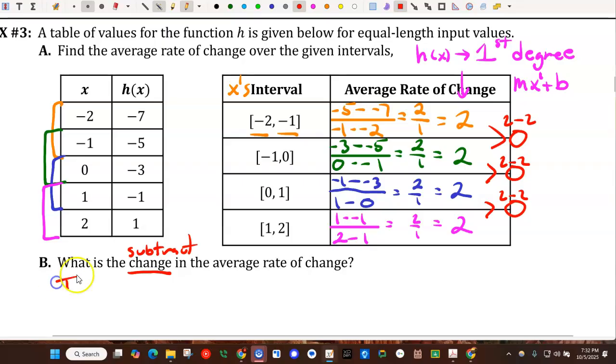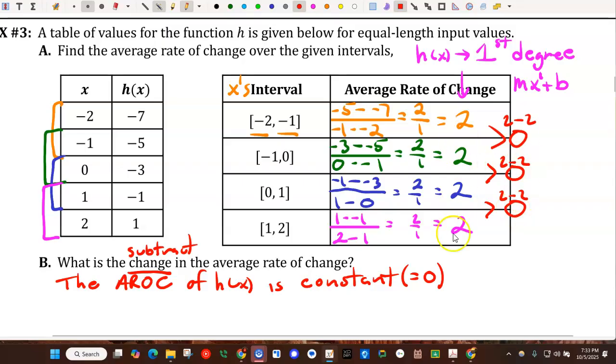We can say something like the average rate of change, or the AROC, of h of x is constant. There's the magic word, constant. That's equal to 0, or the same number. These are the same number, or the average changes are equal to 0. So we can say that two different ways: the rate of change of the rates of change is 0.